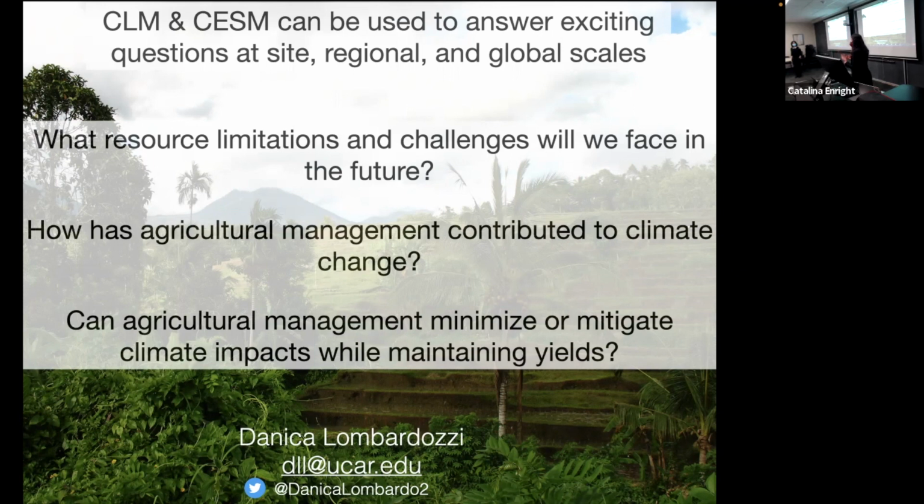But if we could use some machine learning or AI applications to think about how those things have changed and to guide those representations, maybe those are parameter changes. So the parameters are sort of the constant variables that affect different aspects of crop yields as represented in the model. If we could change some of those things to represent the changes in cultivars and changes in different aspects of plant growth, I think that's one exciting application, one example that I can think of off the top of my head.